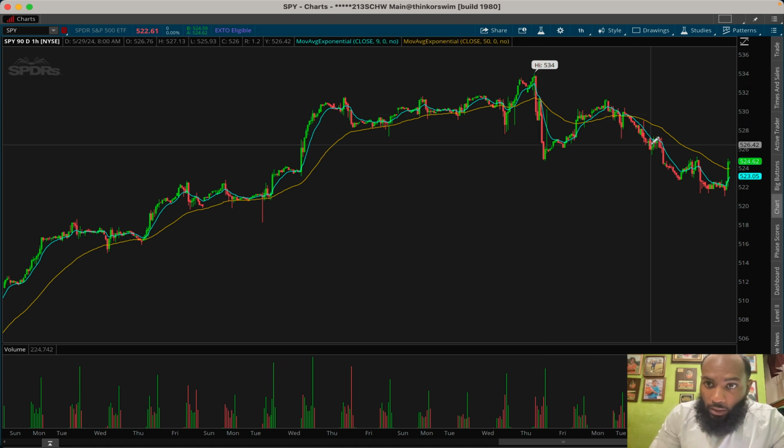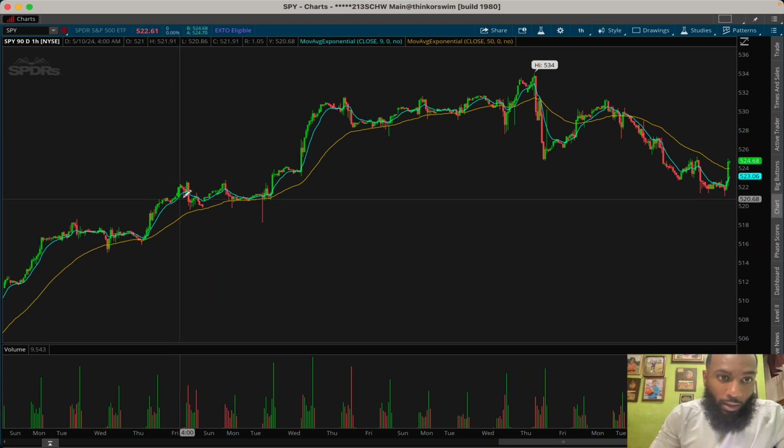I start by finding the move down, and once I see where it's potentially bottoming out, then I look to the left. All right, looking to the left, and we're in this area here. Now you can already see there is some consolidation in this area, which further serves the idea that there's a lot of orders sitting in this area.